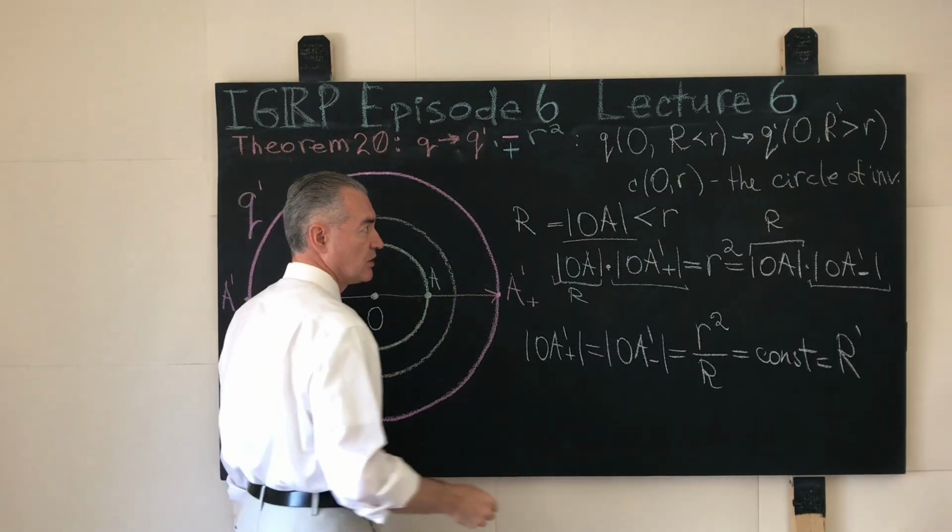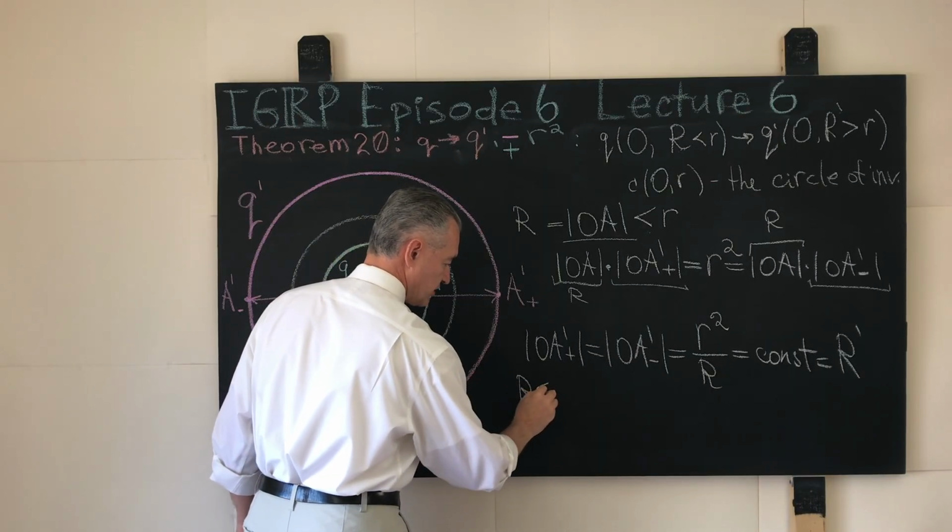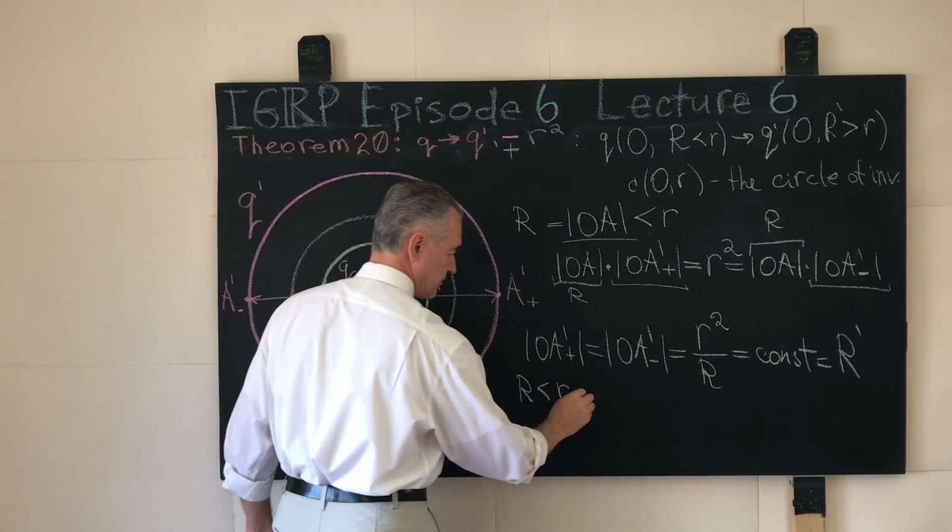And how can we see that? Well, because in our relation, remember, the radius of Q is strictly less than R. And what does that mean?